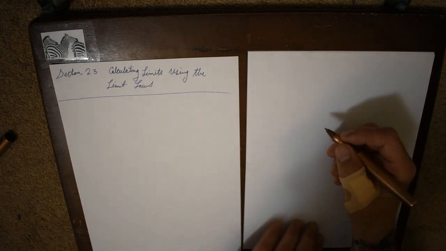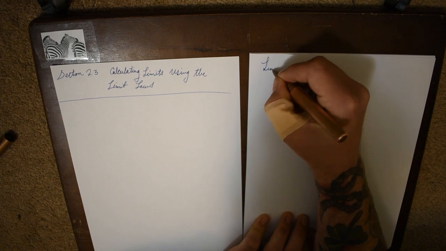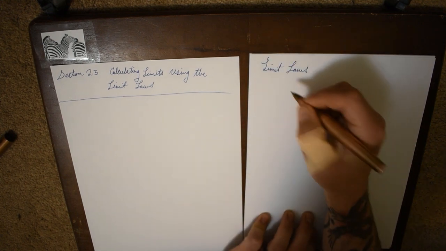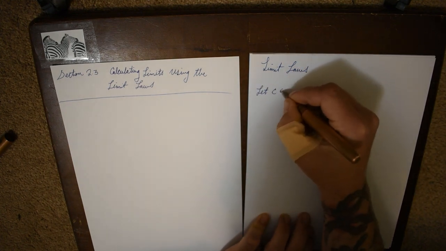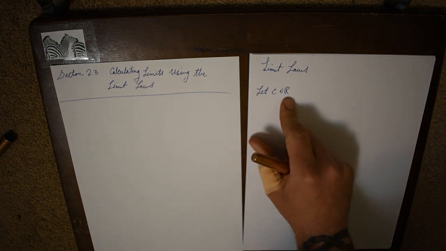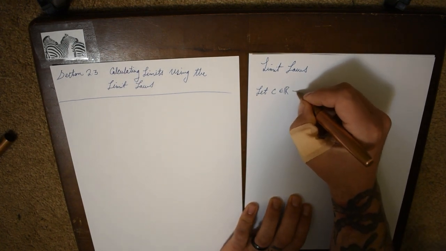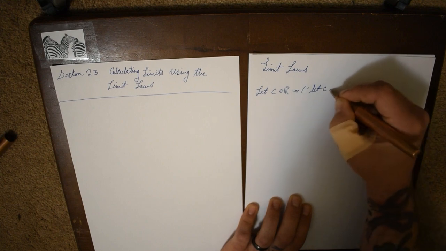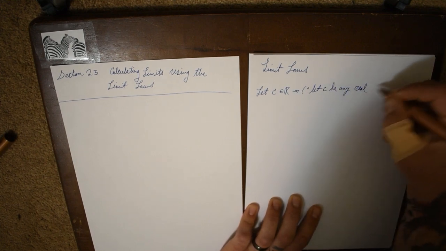What are the limit laws? Well, first off, let's suppose, let C be some real number. That says let C be in R. That translates to let C be any real number.